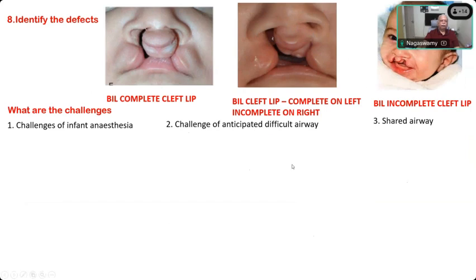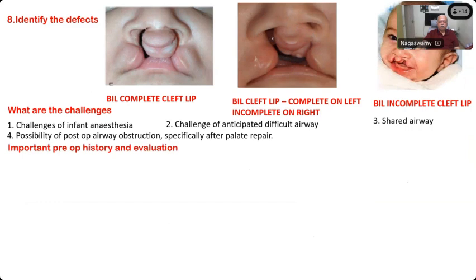Then airway edema, and so possibility of post-op airway obstruction, specifically after palate repair. Very good. So these are the 4 things that you have to remember as challenges.